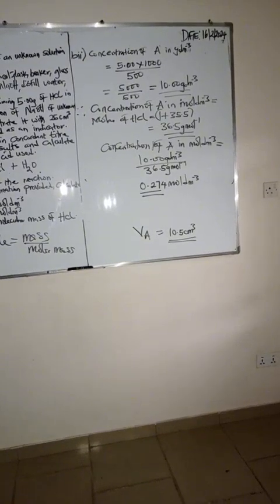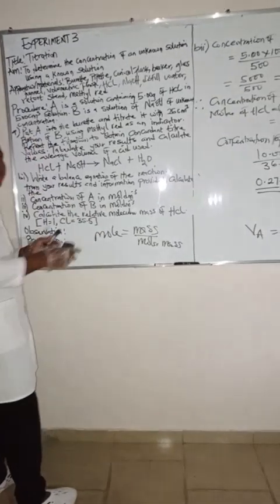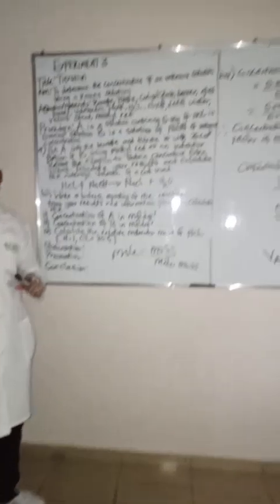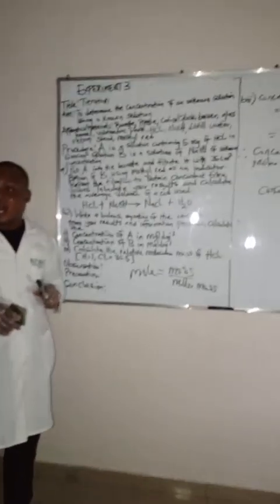Now the next one is III: concentration of B in mole per dm cube. Now our mole formula will not work in this. We are going to introduce our titration formula. Are you following?